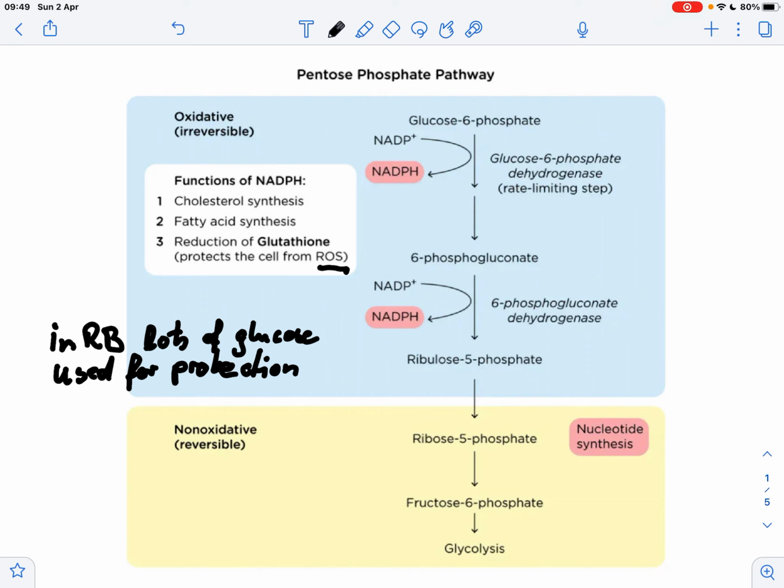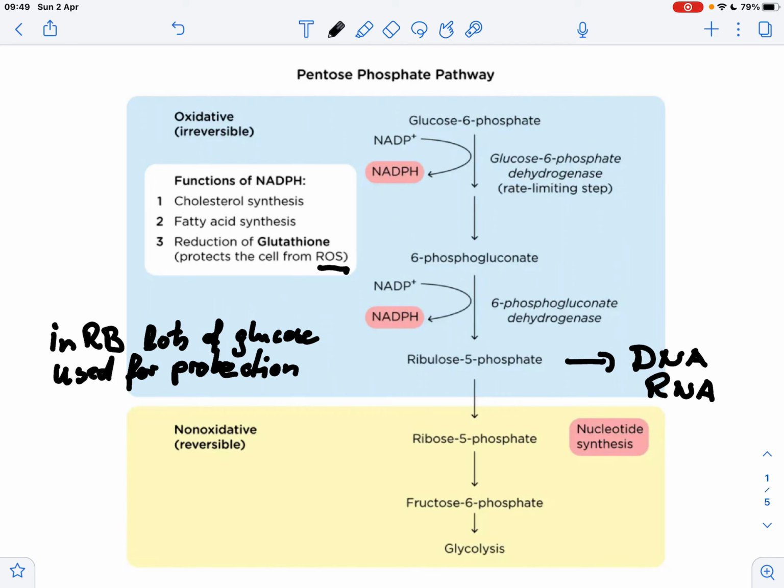And the pentose phosphate pathway generates this NADPH. It also generates 5-ring sugars, riboses, which then will be used in other steps, for example, converted for the synthesis of DNA and RNA molecules. So that is the function of the pentose phosphate pathway.